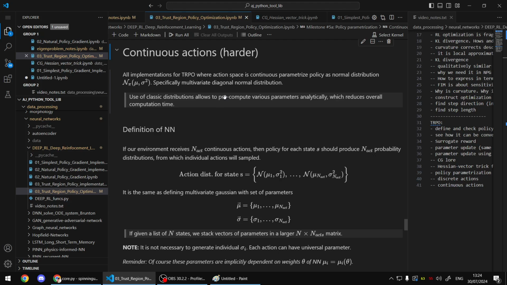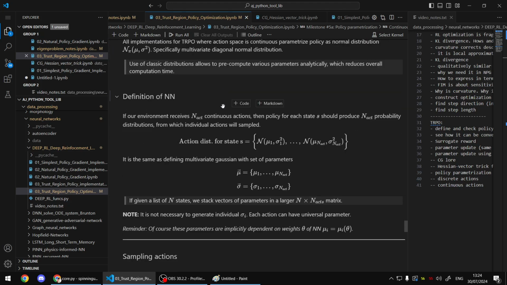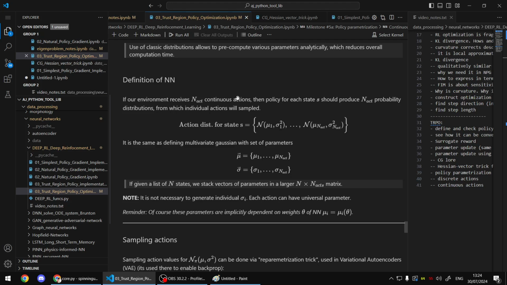That means that all the actions are independent, and it also simplifies our problems a lot. I don't think it's reasonable to think that actions are related, at least in some approximation, but in general, I think.